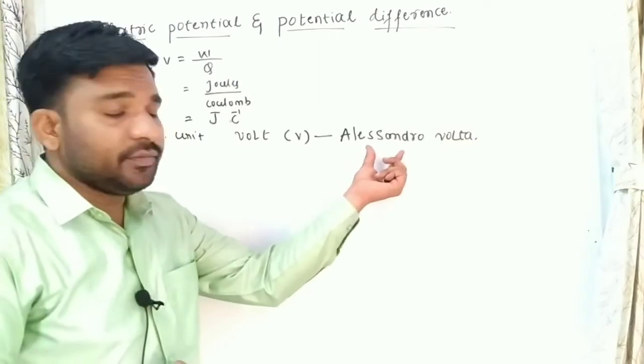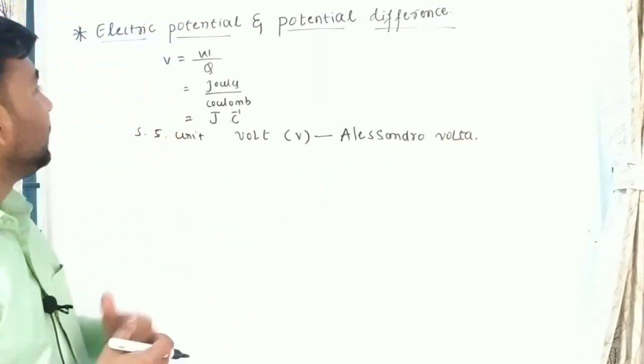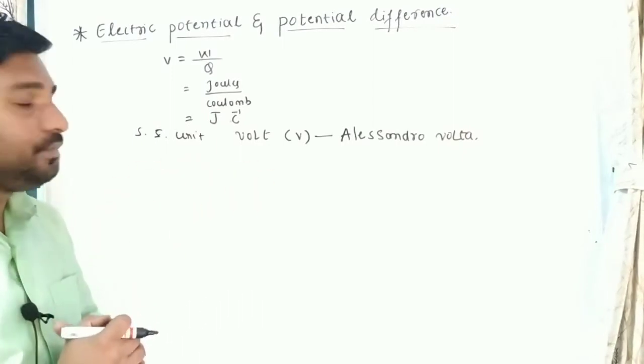He was the inventor of the Voltaic cell, right? So for that sake, we take the unit for the potential difference as volt.